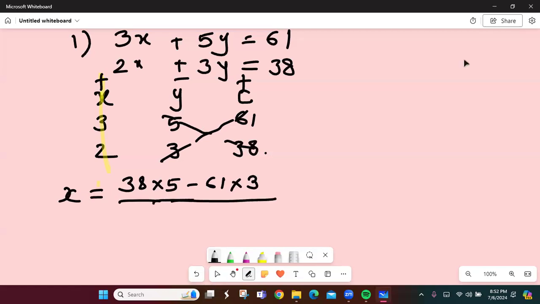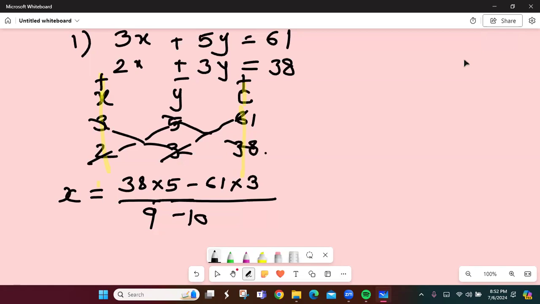And in the denominator, now I'll cancel the constant column, and do the same thing. I will multiply 3 and 3, that is 9. And 5 and 2, that is 10, and change the sign, minus 10.